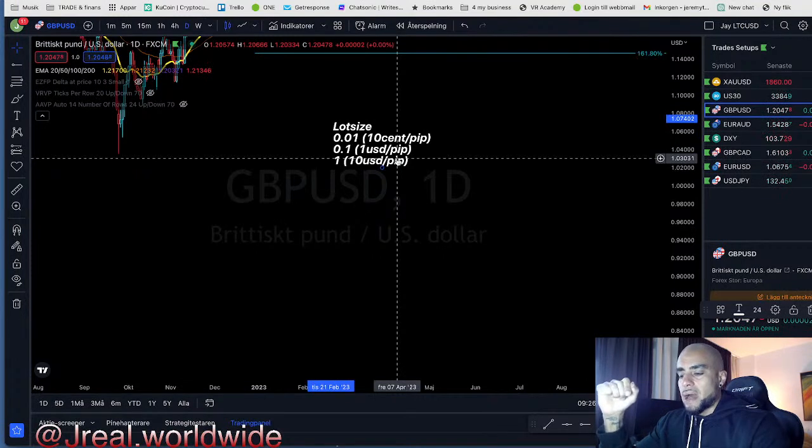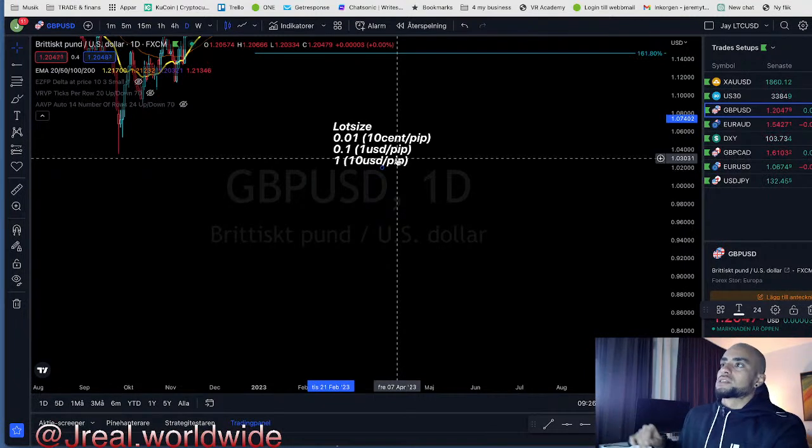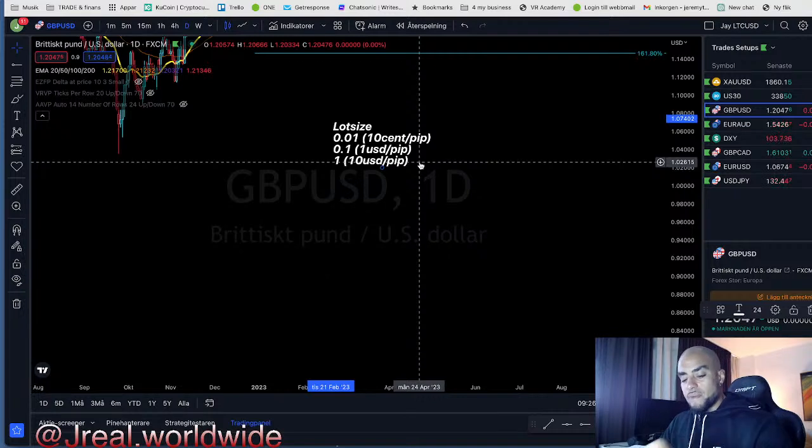You don't use more than that. Everything more than that will be over leveraging. So use 0.01 lot size on your MetaTrader or whatever trading app you're using, to keep it very simple.